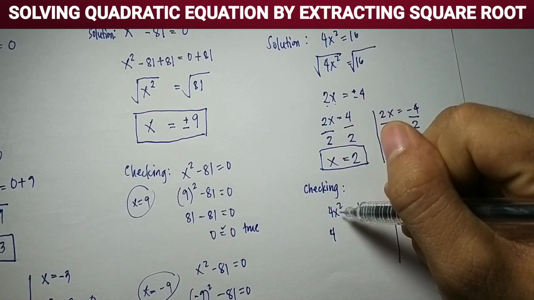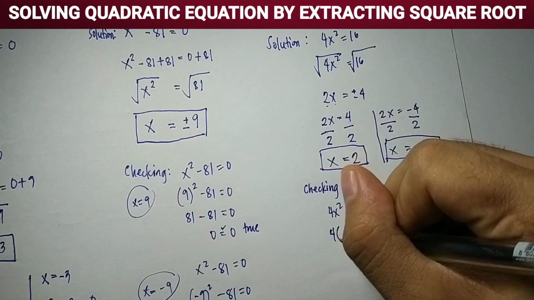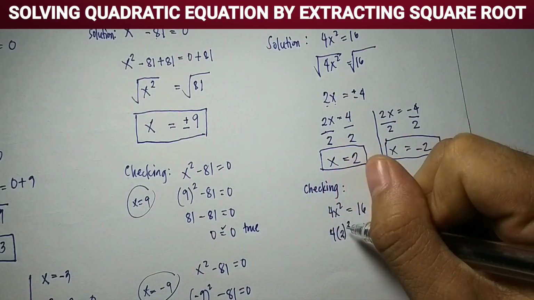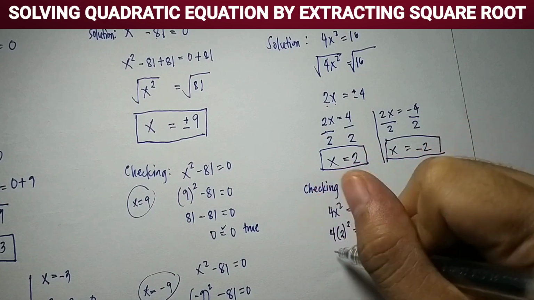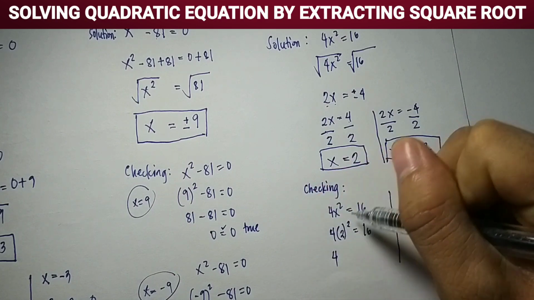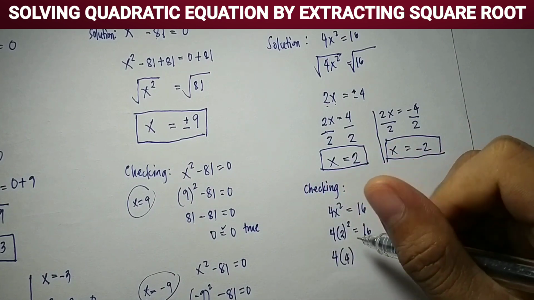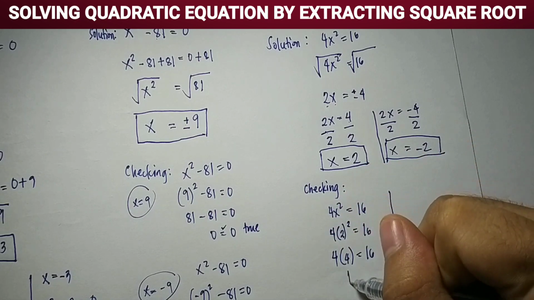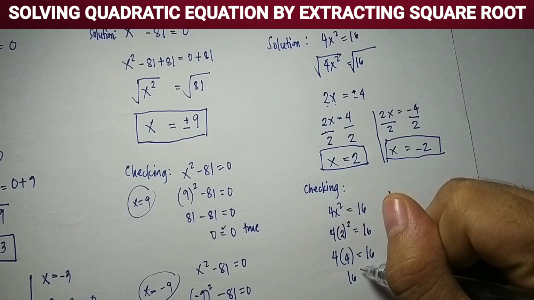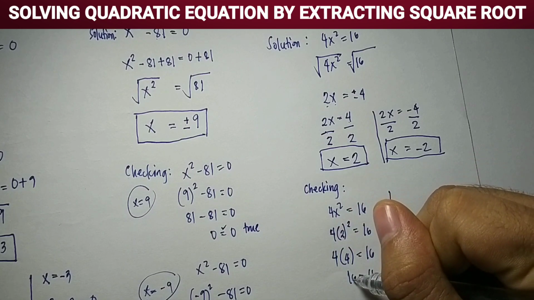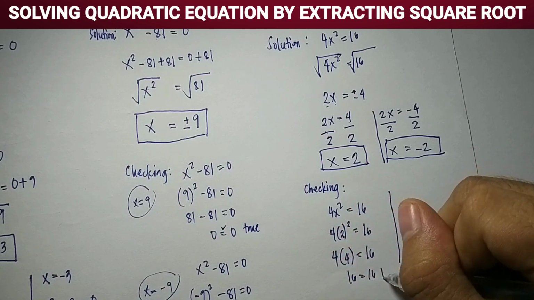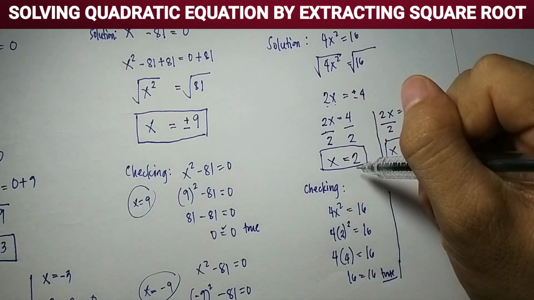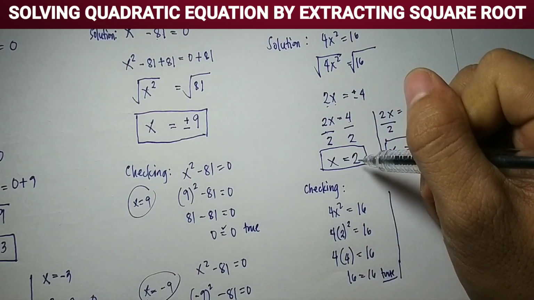Pulihan nato ang x og 2 sa atong solusyon. So 2 squared equals 16. Unahon nato ning exponent og simplify. So 4. Ang 2 squared, that is 4. Bakit? 2 times 2 man ang pasabot. So 4 times 4, 16, equals 16. So ang 16 ba equals sa 16? Yes. So true. Okay, nag-true man, meaning correct ang atong solution nga positive 2.